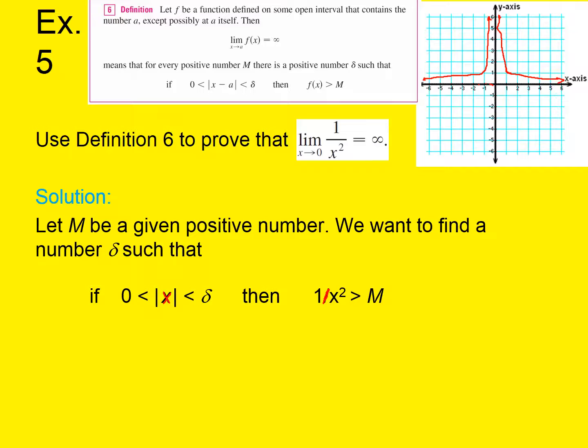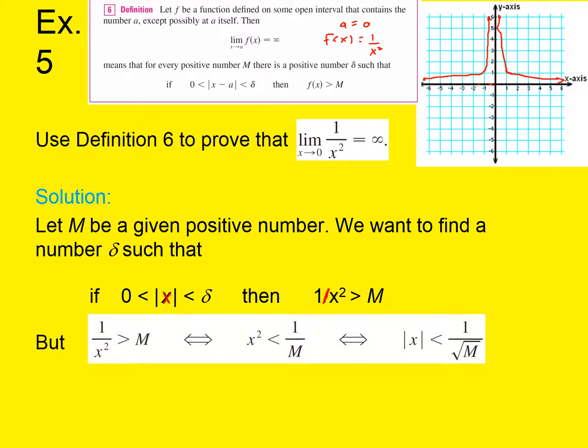Of course, a is 0, f of x is 1 over x squared, and L is infinity, if you can say that in this oxymoronic topic of infinite limits.